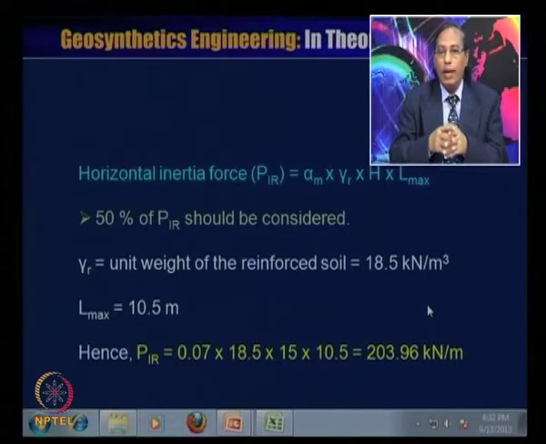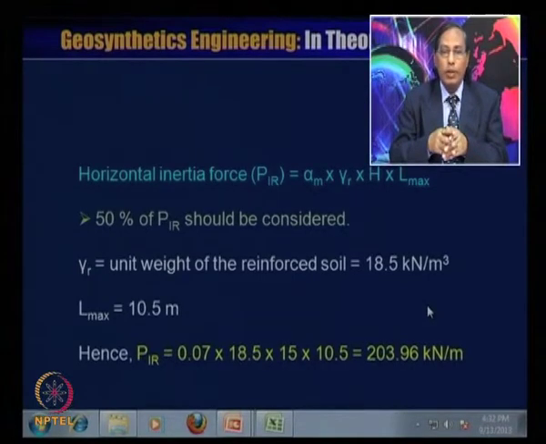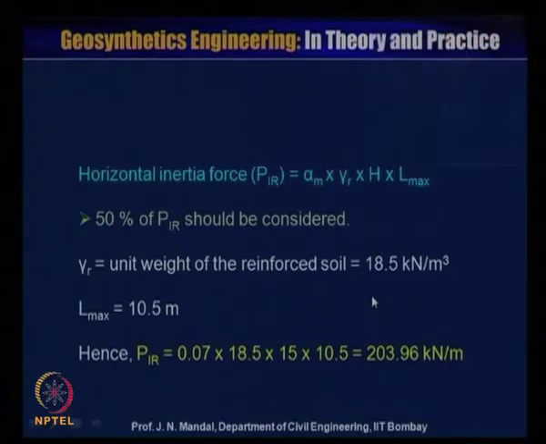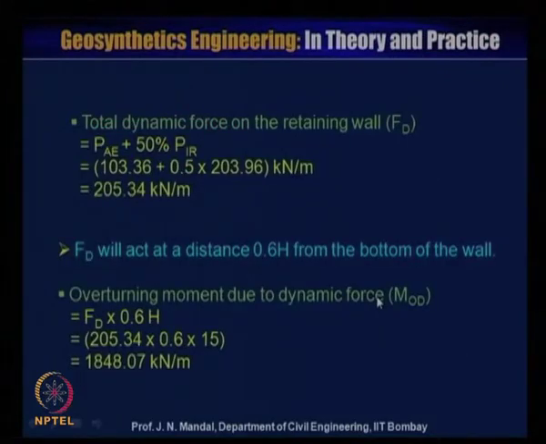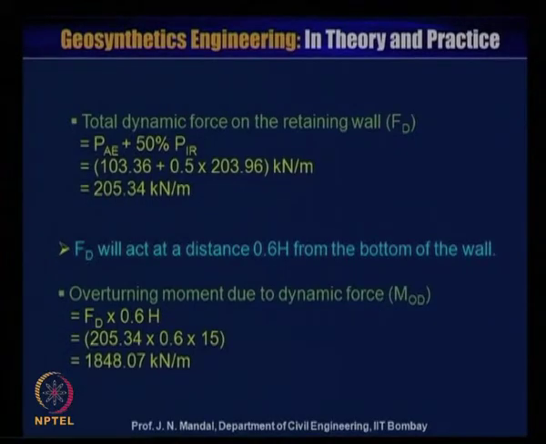From the equation, alpha m is 0.07, gamma r is 18.5, h is 15 and L maximum is 10.5. So, the PIR value will be 203.96 kilonewton per meter. This is the horizontal inertia force, and you have to consider 50% of the PIR.